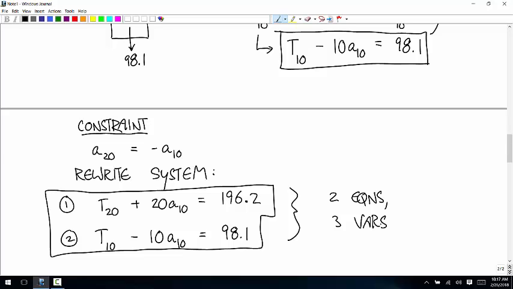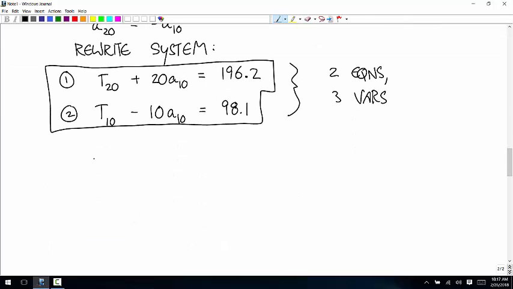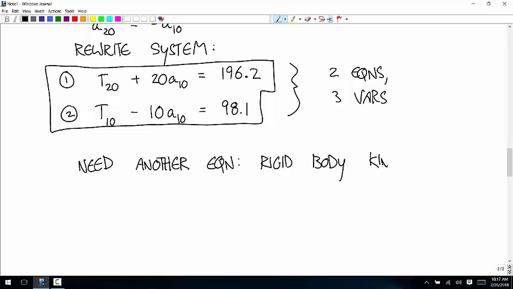The pulley. So we're going to do a rigid body kinetics problem with the pulley.